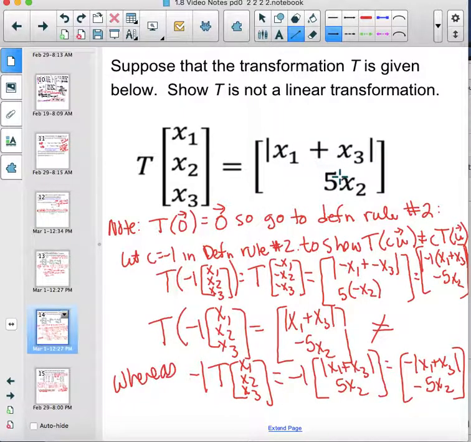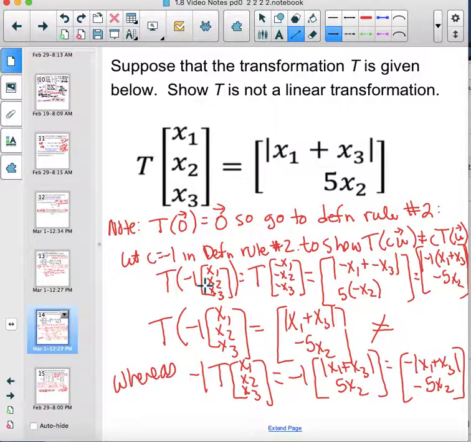So now we've got to go to the definition to prove that it is or isn't a linear transformation. And the easiest part of that definition is rule 2, where you have the scalar multiple, -1, times the input vector, x1, x2, x3 here. I do perform the transform on that.